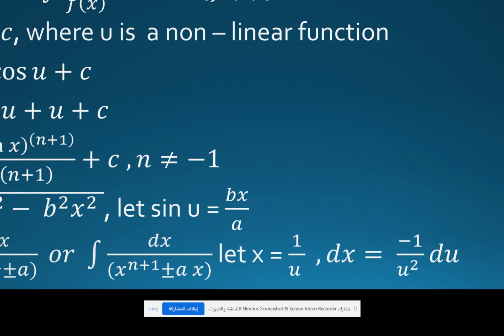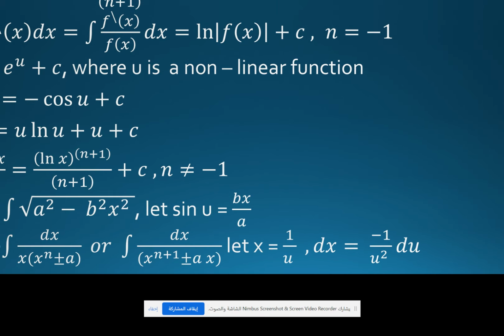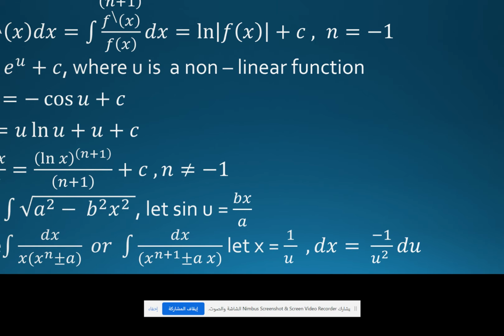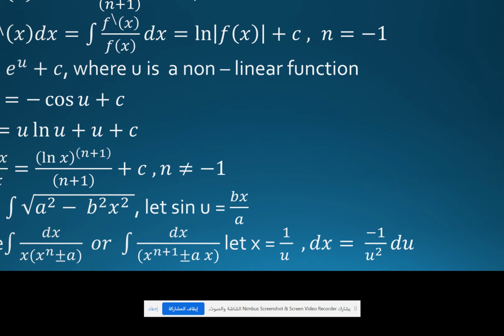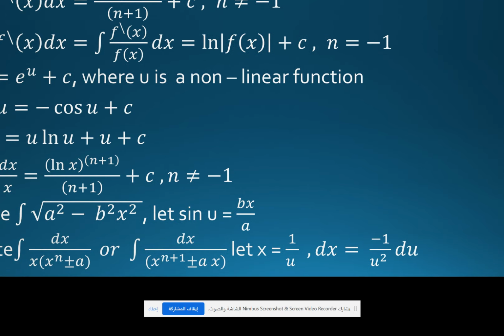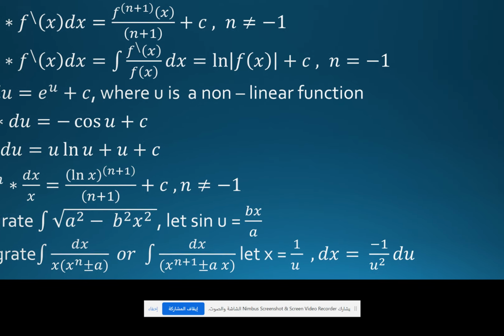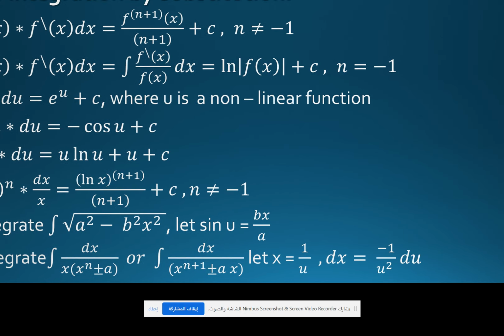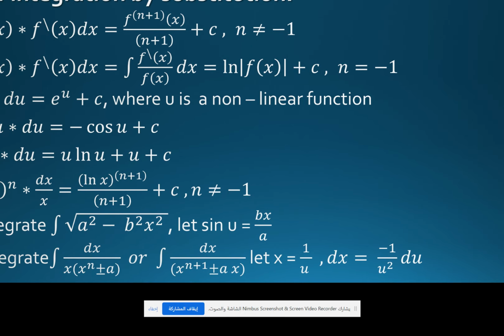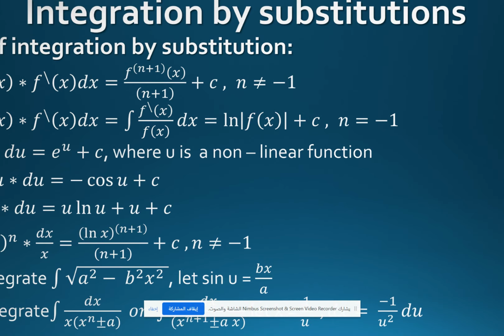In that case, let x equal 1 over u and then differentiate it. You will get dx equals negative 1 over u squared du. Then replace it and integrate. Remember, you use x equals 1 over u instead of 1 over x.